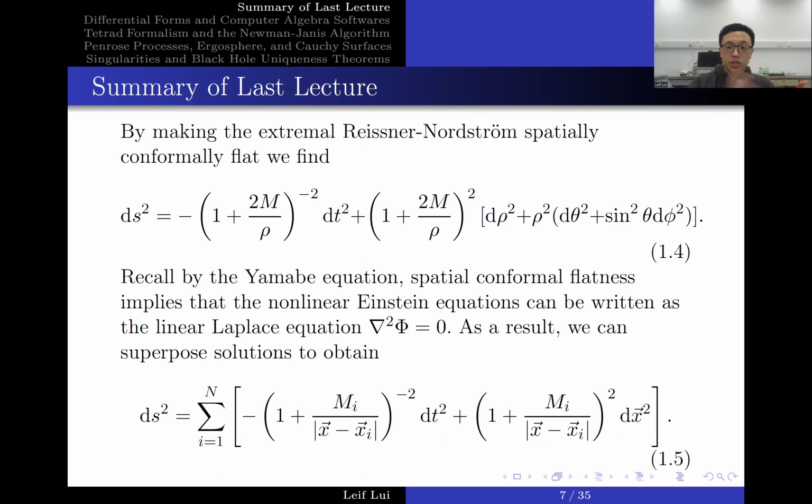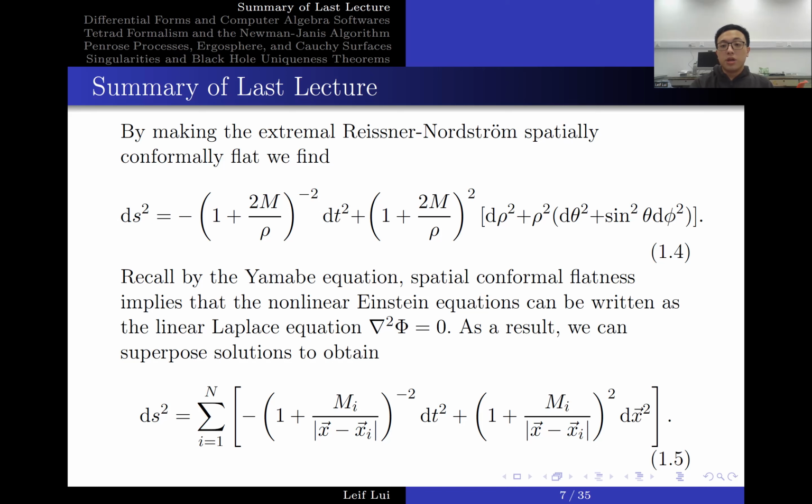I also just mentioned how extremal Reissner-Nordstrom black holes are examples of supergravity theories. We can see this by making the Reissner-Nordstrom metric spatially conformally flat, and we do this by writing it as follows. In many lectures ago, I showed that the Yamabe equation tells us that spatial conformal flatness implies that the nonlinear Einstein equations can be converted to a linear Laplace equation.